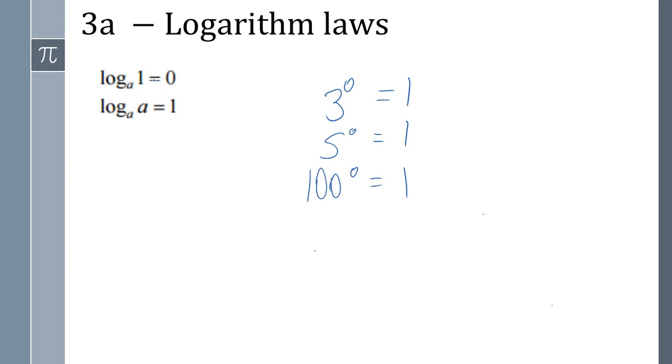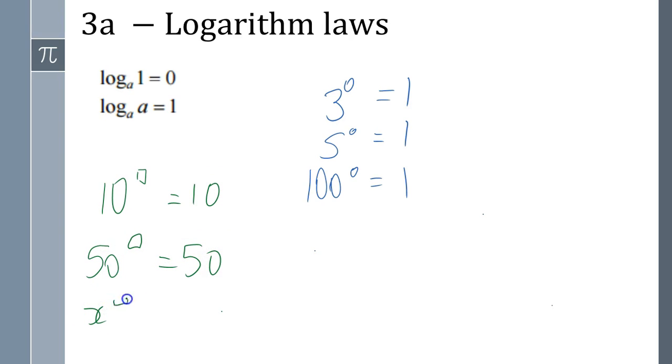Okay? If you forget that, that's okay. You will get to the point where you go anything to the power of 0, oh, that's just 1. But if you can identify it first up, it makes it a lot quicker. Same thing here. If you go log base anything and the answer is anything, say like 10 to the power of what equals 10, or 50 to the power of what equals 50, or x to the power of what equals x, that is always going to be 1.